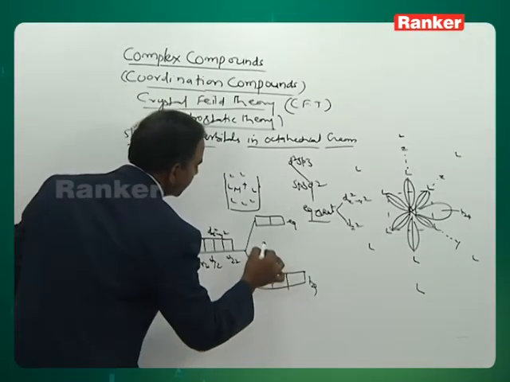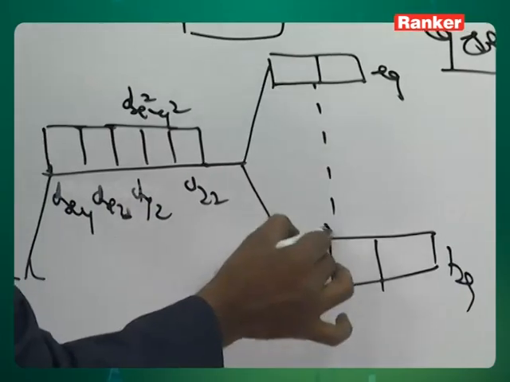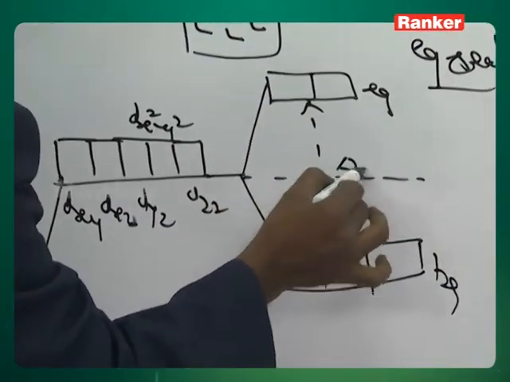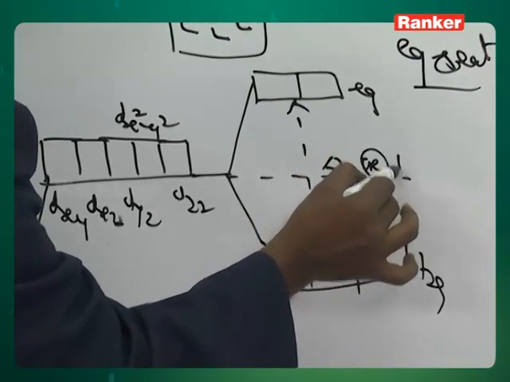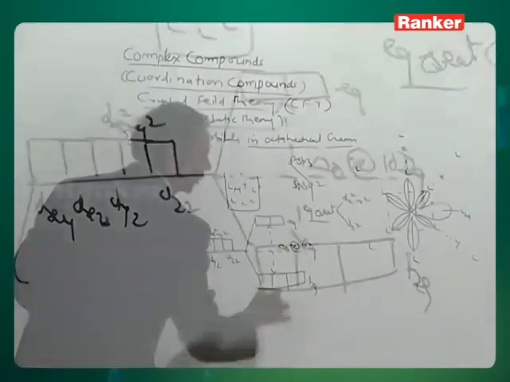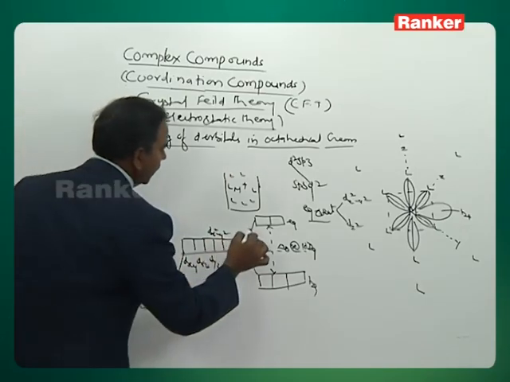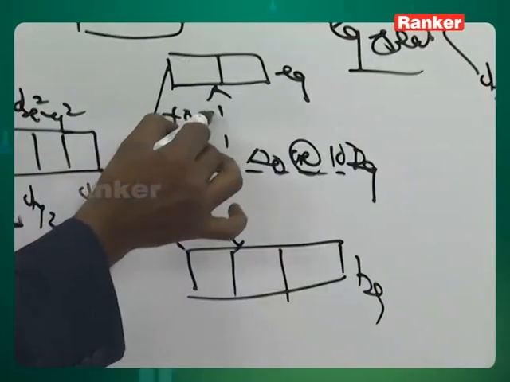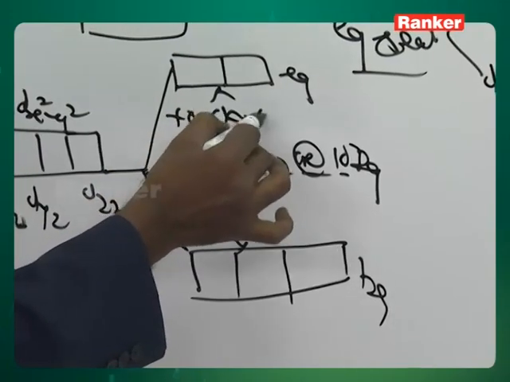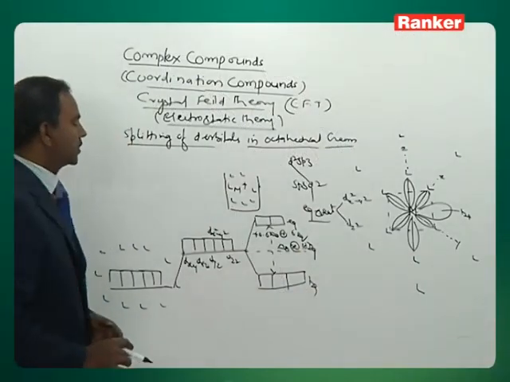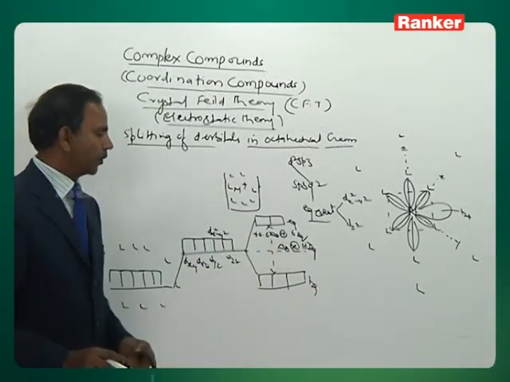Now, the energy difference between these two sets of orbitals we represent by delta O or you say 10 Dq. What I said, increase in energy, how much increase? Increase will be plus 0.6 delta O or plus 6 Dq.